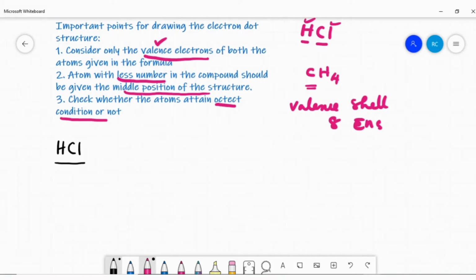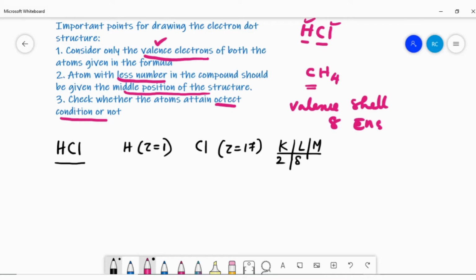So hydrogen, as you know, has one electron. It has only one shell, that is K, and it will have only one electron in the K shell. But chlorine has 17 electrons overall, and in the valence shell, chlorine will have only 7 electrons.